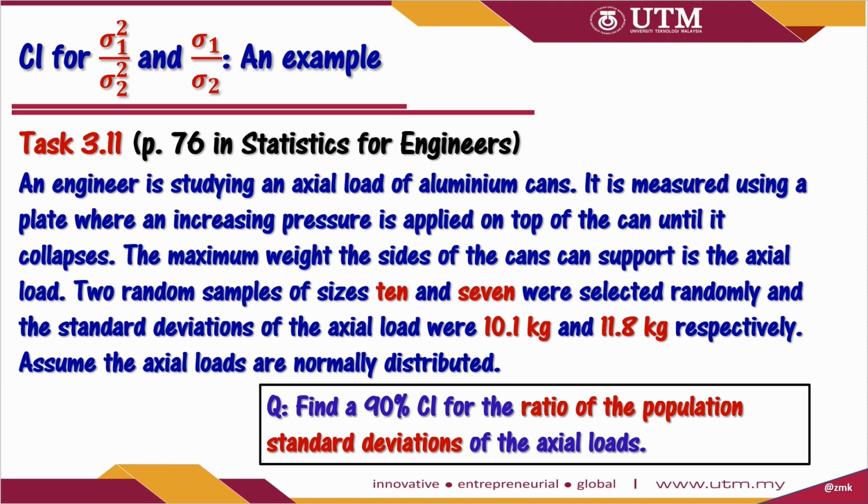The sample information provides us with sample sizes, which are N1 equal to 10 and N2 equal to 7, whereas the sample standard deviations are given by S1 equal to 10.1 kilograms and S2 given by 11.8 kilograms. Having identified or recognized all this sample information, we can now solve the question in the next slide.